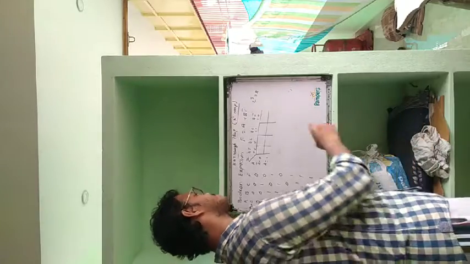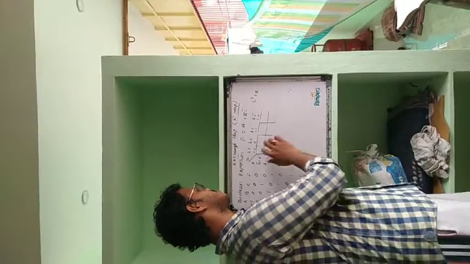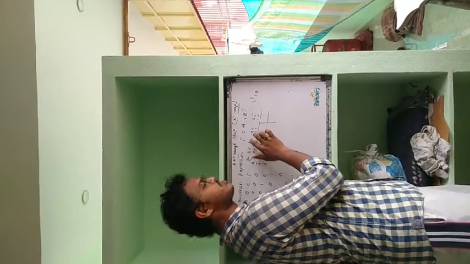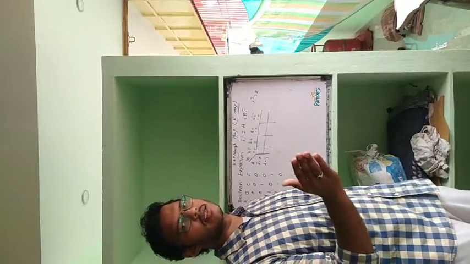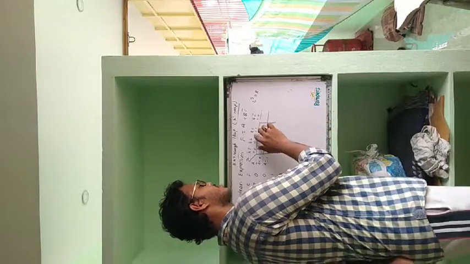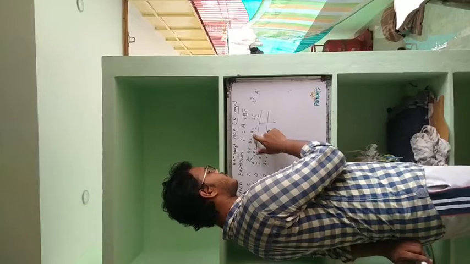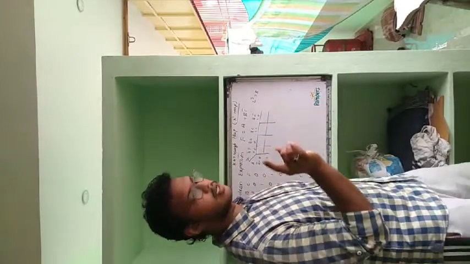Like that, you have B, B bar, C bar. Only one variable is changing from the adjacent cell to the adjacent cell. So you have B bar and C. For the adjacent cell, only one variable is changing.